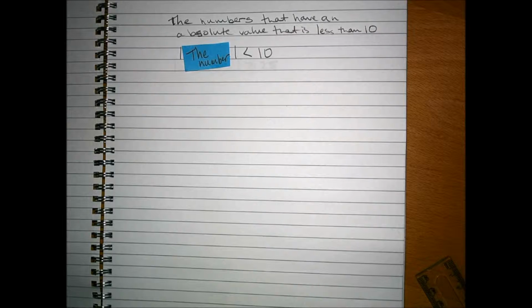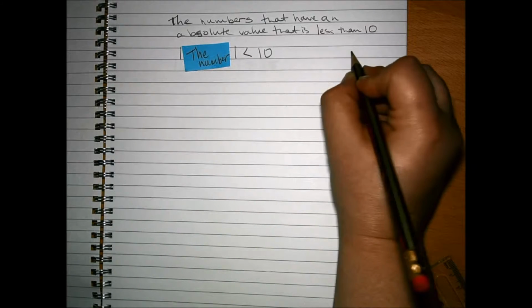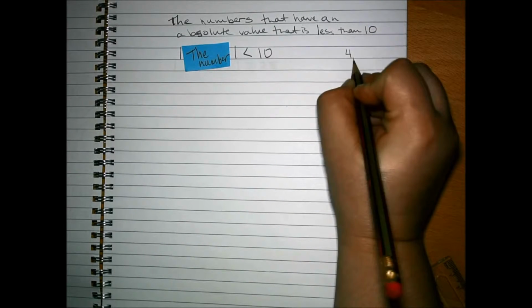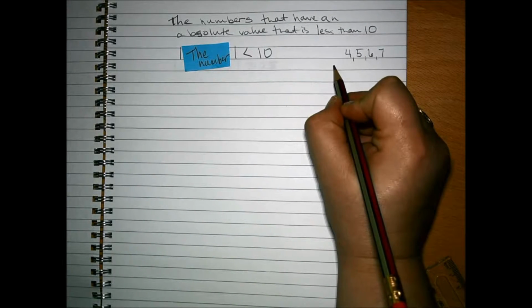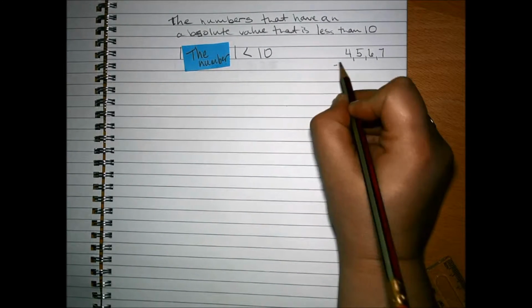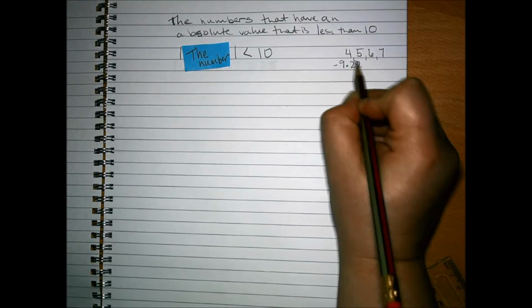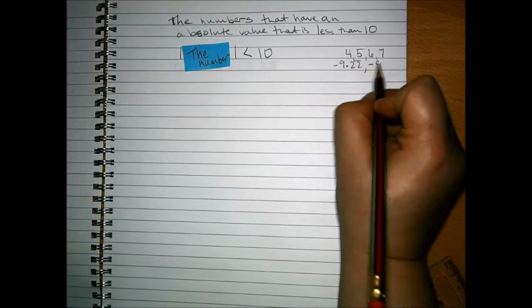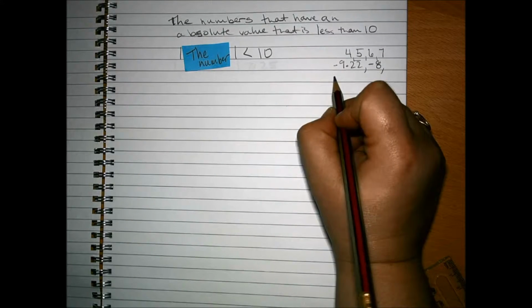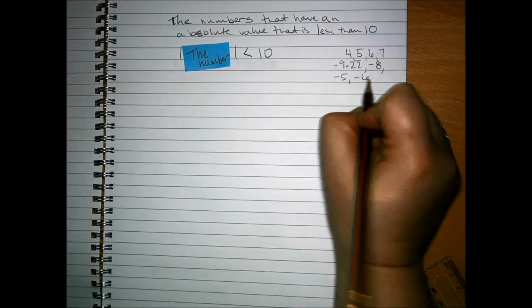I asked you this question in class today, and these are some of the numbers that I got. 4, 5, 6, 7, negative, what was that one? Negative 9.22 repeating. -8, -5 would work, -6.